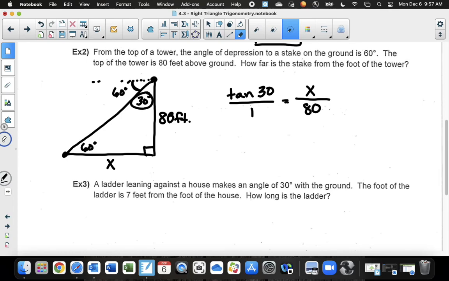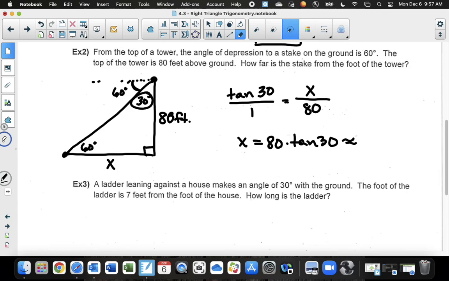And now, here's how we solve it. Here's why I put this over 1. You've got a proportion. By putting it over 1, all I have to do is cross multiply. X times 1 gives me x. 80 times the tangent of 30 is the other diagonal. And now x is already by itself, so type it into the calculator. What do you get?